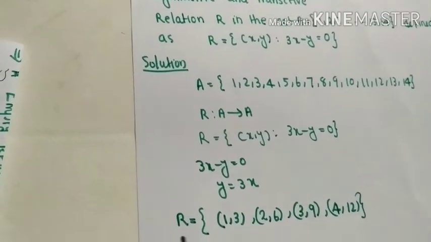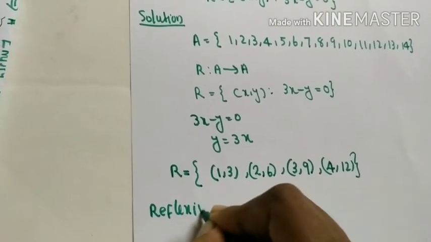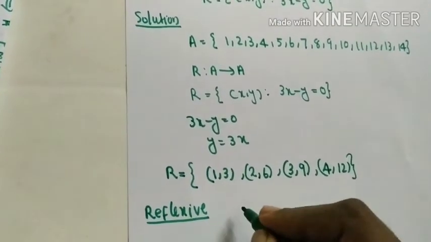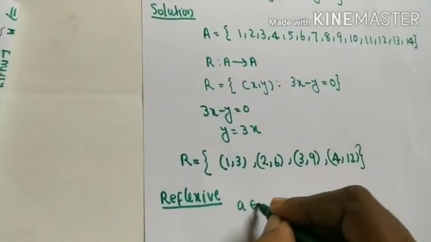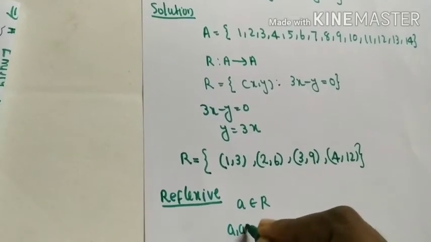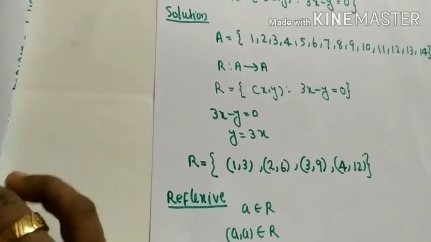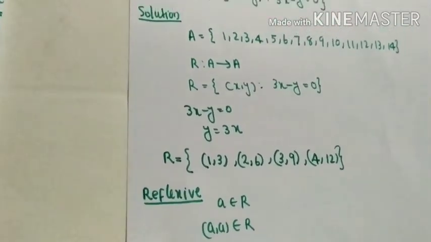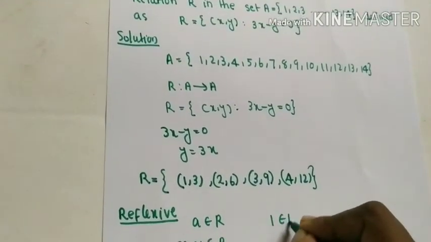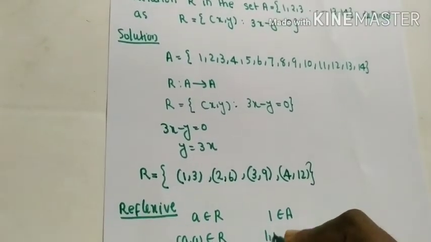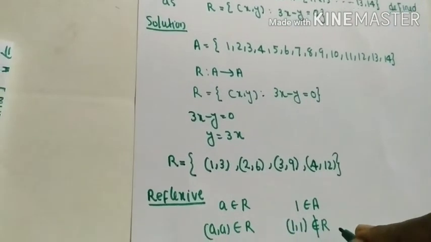Now let us check for reflexive. We know the condition for a reflexive relation: if a is an element of A, then (a, a) is also an element of R. We can see that 1 is an element of A, but (1,1) is not an element of the relation.